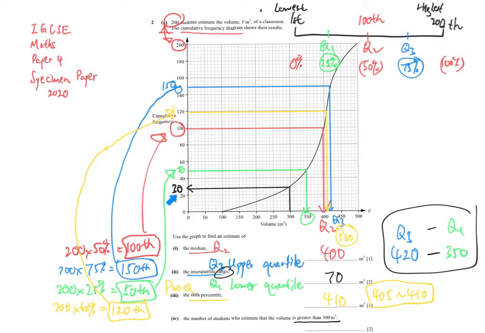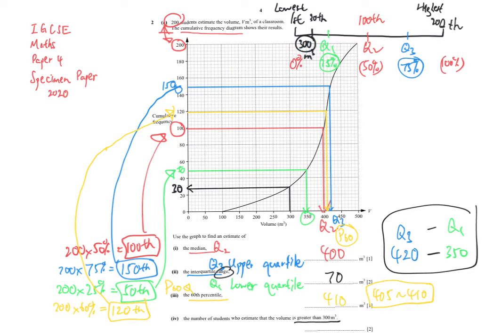So what does the 30 here mean? It means the 30th student is having 300 cubic meters. So from the very first to the 30th student, they are having less than or equal to 300 cubic meters.